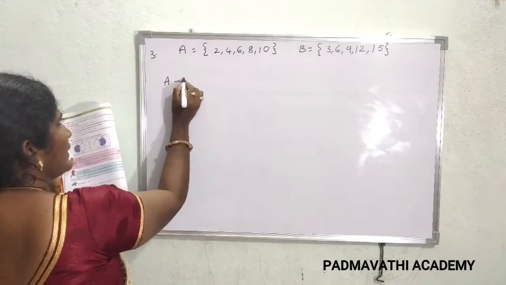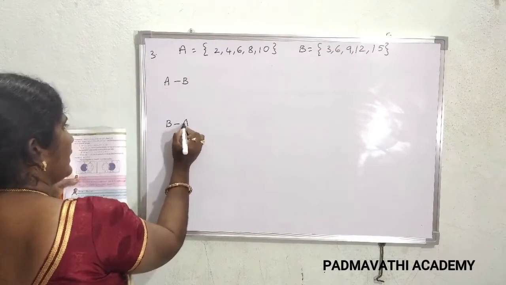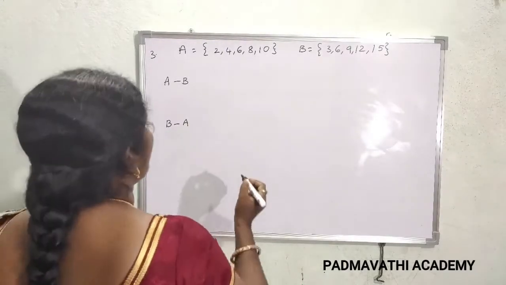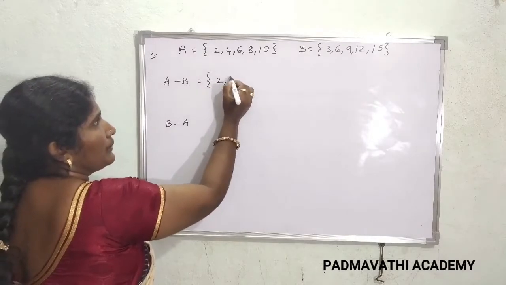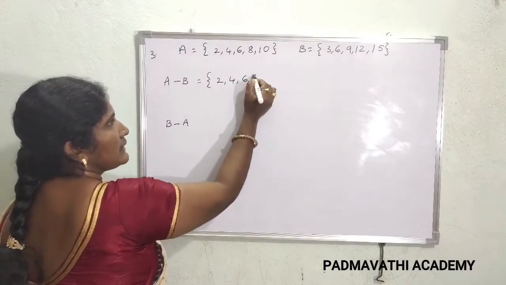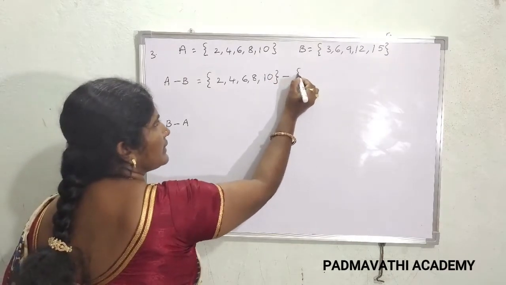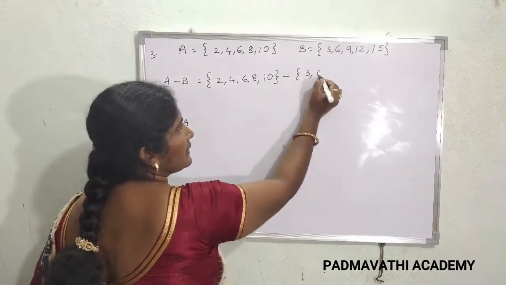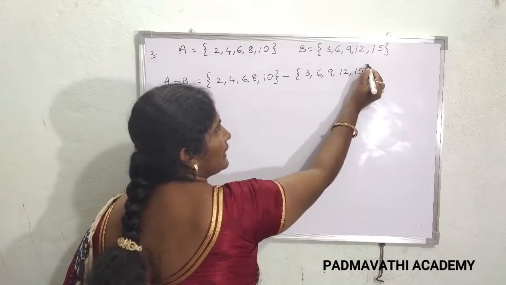Find A minus B, B minus A. Okay, first A minus B. List out set A: 2, 4, 6, 8, 10 minus set B: 3, 6, 9, 12, 15.